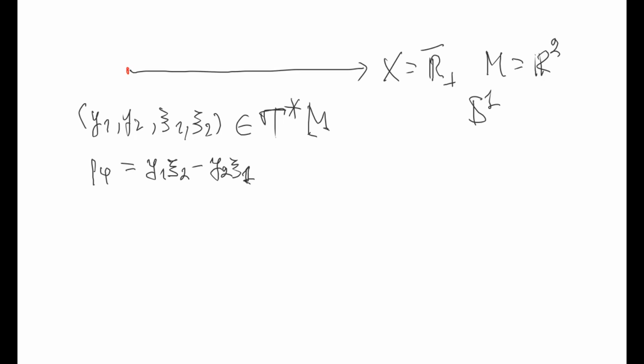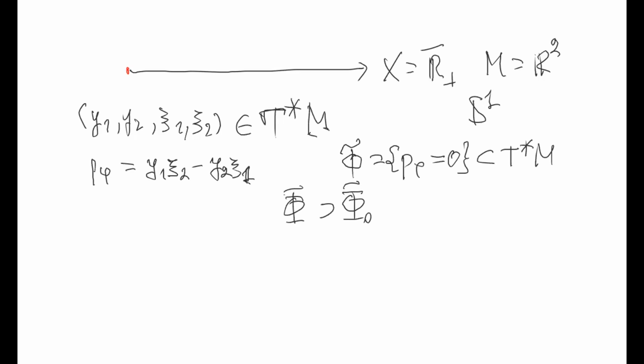So our manifold phi is just p phi equals 0, a subset of T star M, and this regular part phi naught is as follows: p phi is 0, but dp phi is not 0. That's the regular part.